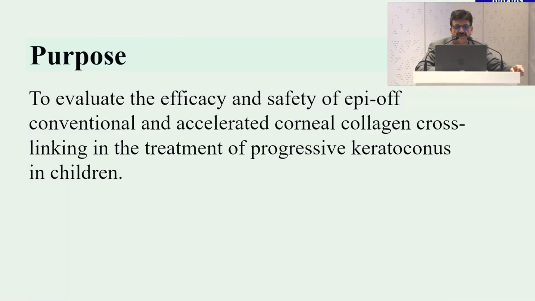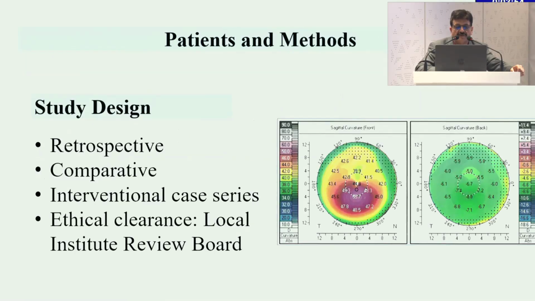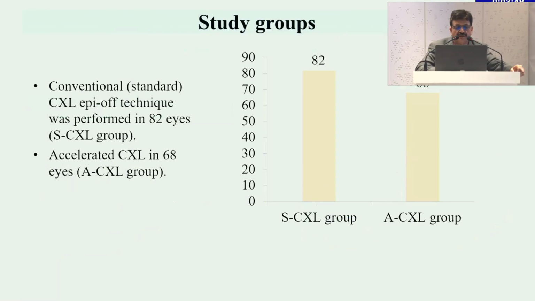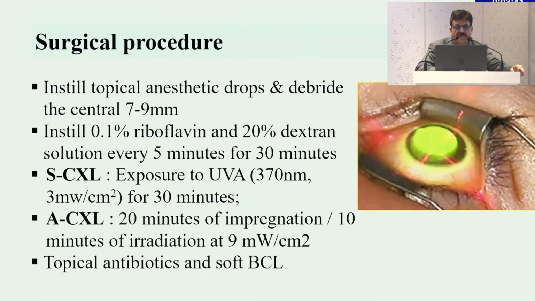So in the present study, I have evaluated the two protocols in children. This is a retrospective, comparative, interventional case series. We have two groups. In conventional, we had 82 eyes, and in accelerated, we have 68 eyes. These are the protocols being used. We used topical anesthetic drops, and then debrided the central 7 to 9 millimeter of the epithelium.